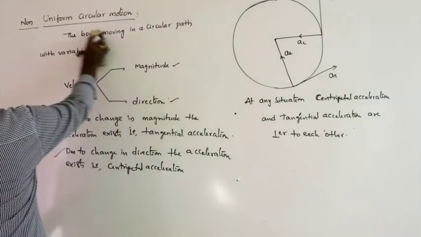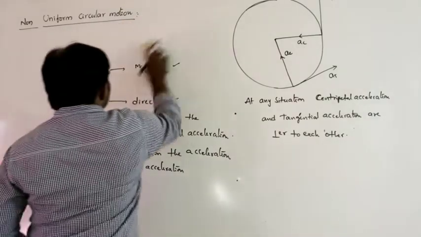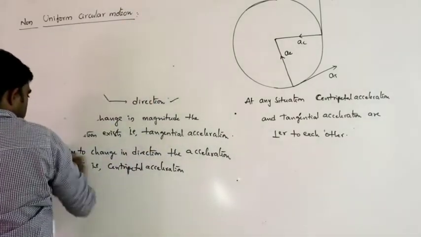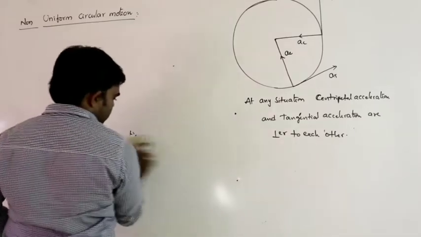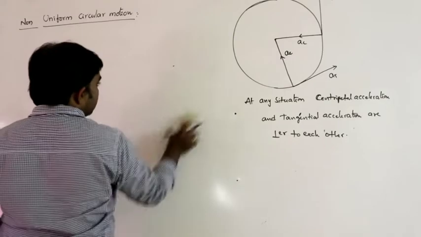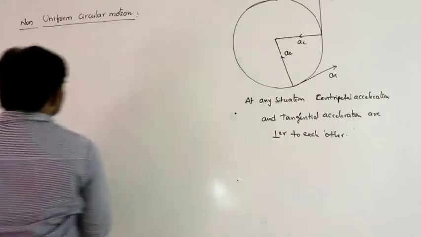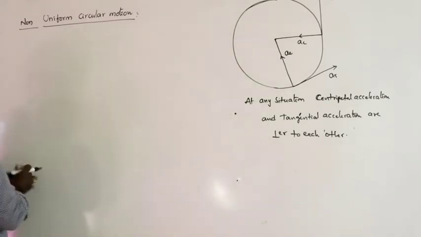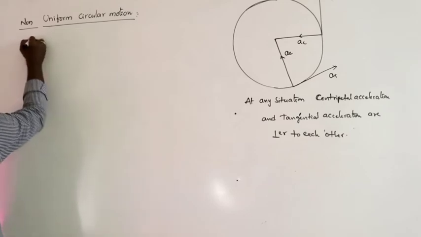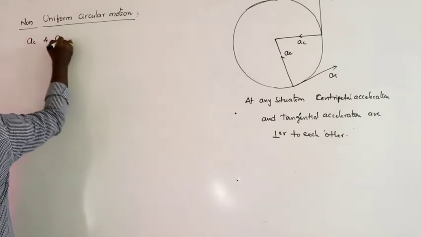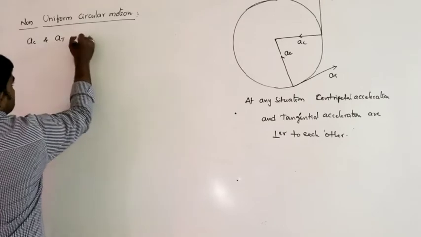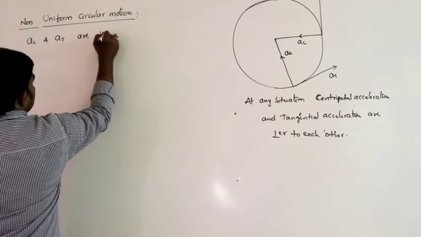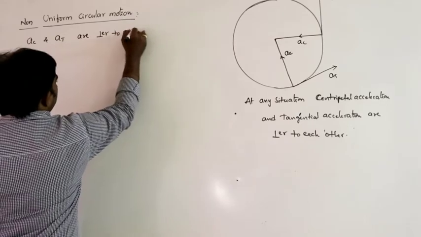If two vectors are normal to each other, what is the resultant? Net acceleration. Acceleration is a vector quantity, and the two vectors are inclined at an angle of 90 degrees with each other. AC is the centripetal acceleration and AT is the tangential acceleration, perpendicular to each other.